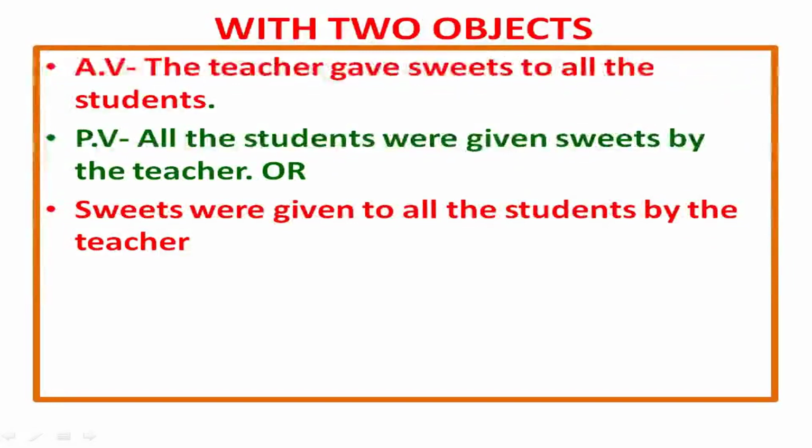Sometimes there are two objects. In active voice, "The teacher gave sweets to all the students." Here the teacher is the subject, sweets is one object and the students is another object. How do you change it to passive voice? "All the students were given sweets by the teacher."